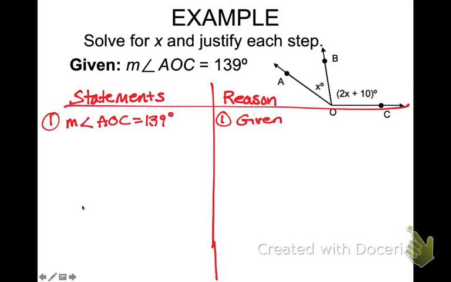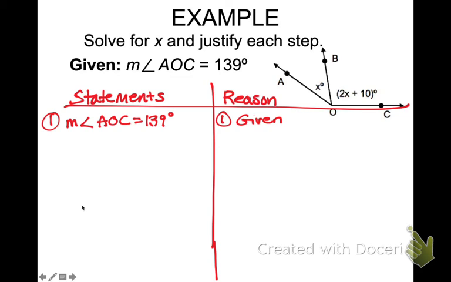Okay. So if we were back in chapter 1, what would you guys do for solving this out for x? What would be your equation that you would set up? 2x plus 10 plus x equals 139.